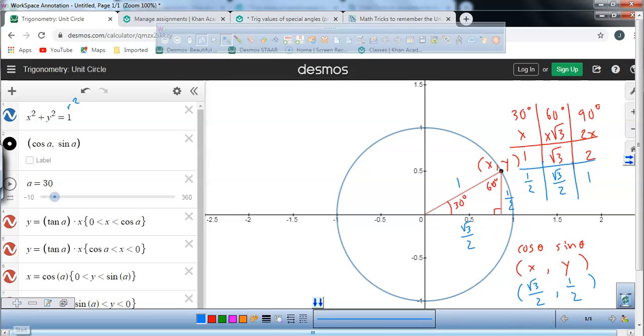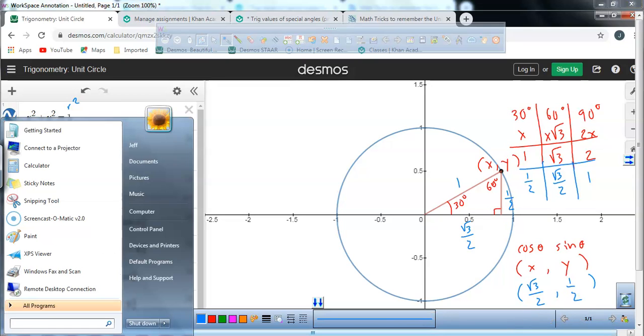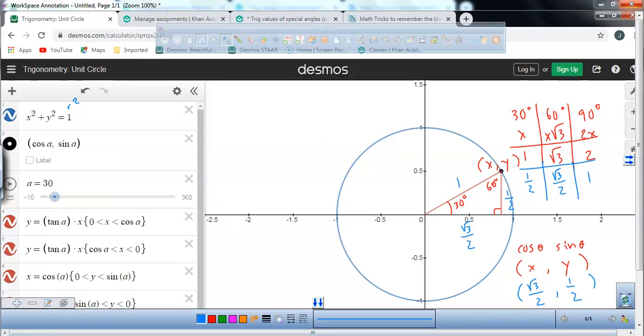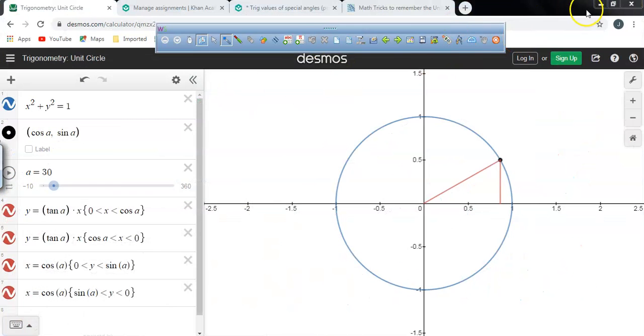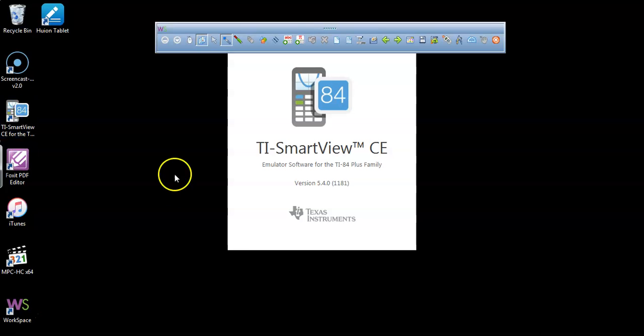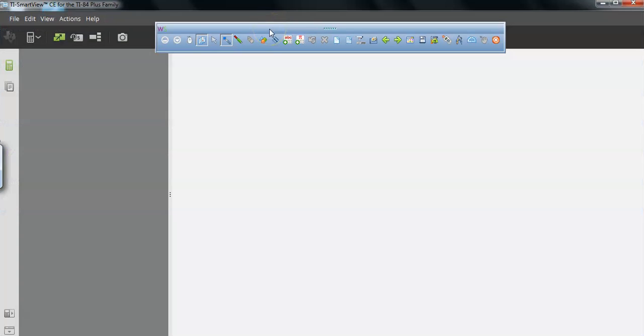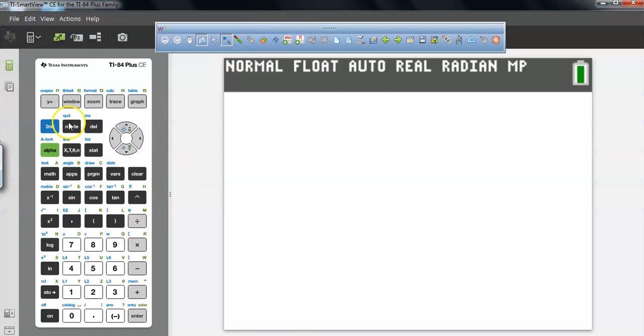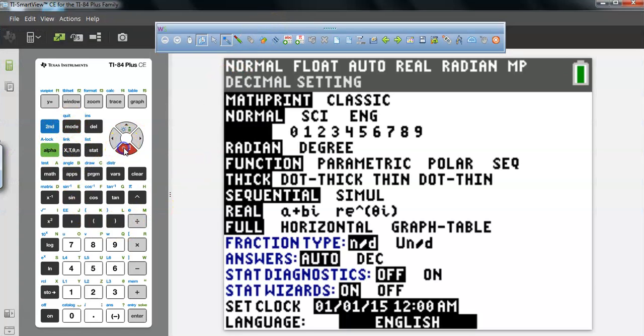So if we wanted to check it, all right, we could go over here. And we got to find my calculator. Where's my calculator? One second. There we go. All right, go to mode, make sure I'm in degree mode here.